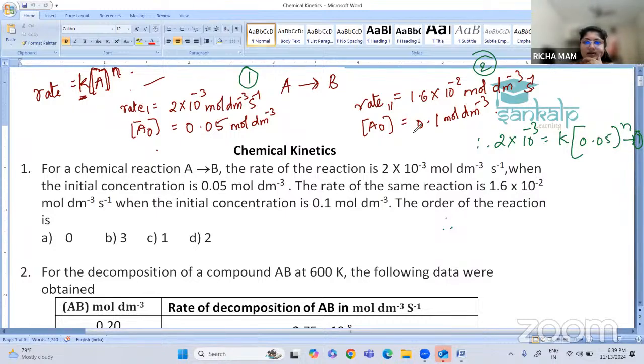Similarly, the second equation is 1.6 into 10 raised to minus 2 equals K into 0.1 raised to N. So this is your second rate equation.